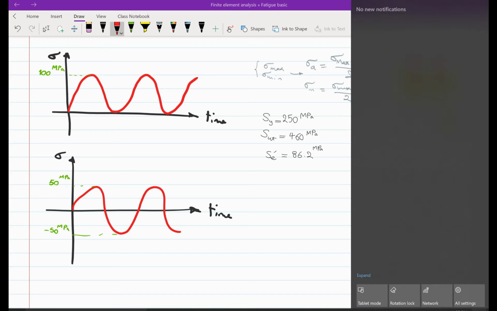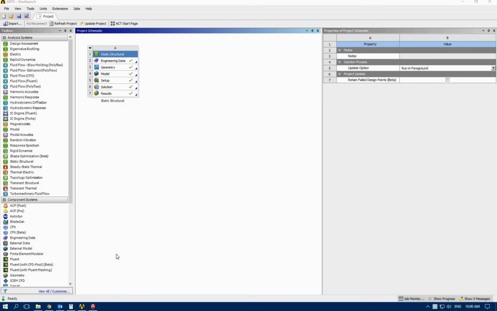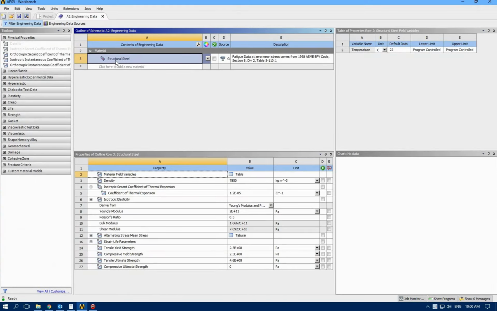Okay, let's go to ANSYS. Now we are back in ANSYS. Let me first check the material we have for this static structure.